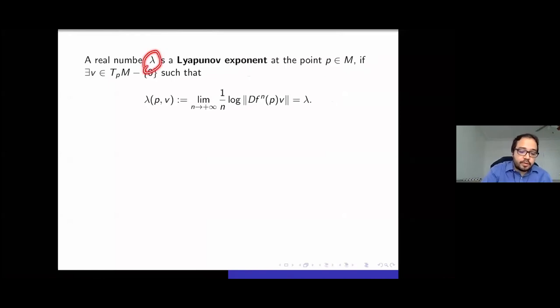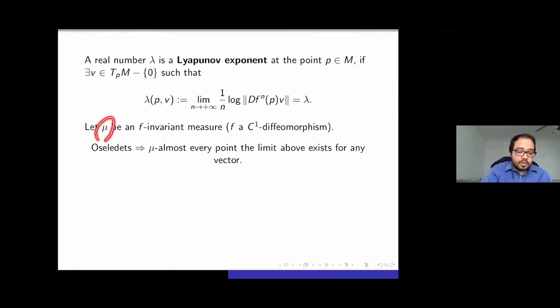We can say that a number is a Lyapunov exponent at some point p if there exists a non-zero vector such that this number captures the exponential growth rate of the derivative acting on this vector. If you have this, you can say that this number is a Lyapunov exponent for this point.